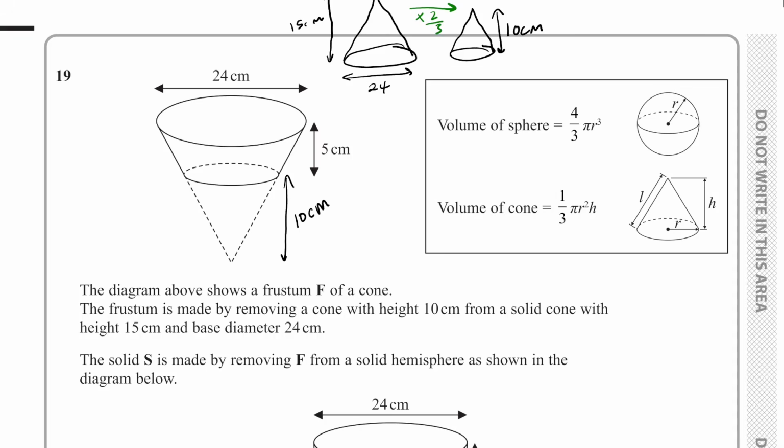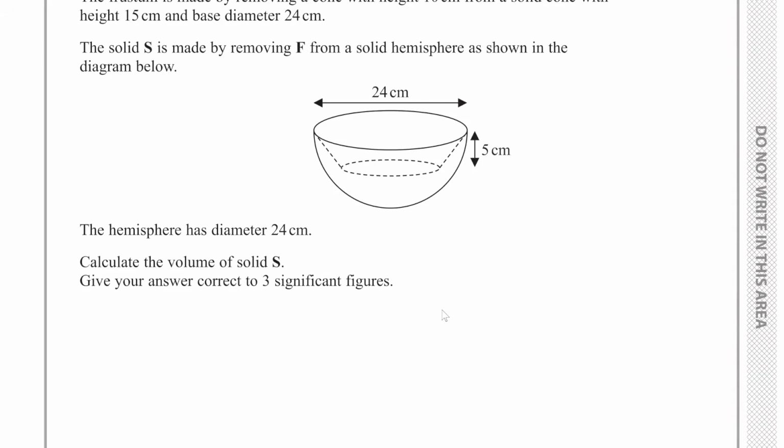So we can work out the diameter of the small cone. 2/3 of 24 is 16 centimeters. So 24 times 2/3 is 16. Diameter of the small cone.